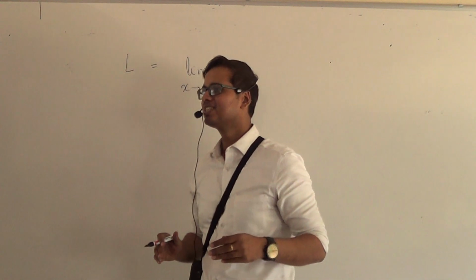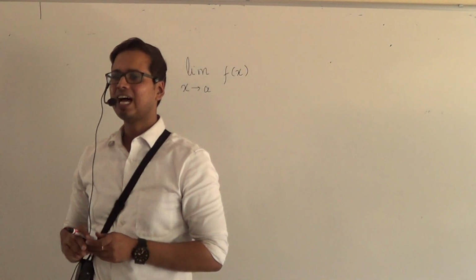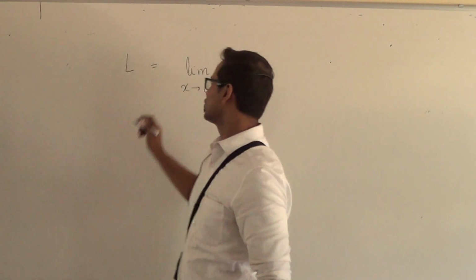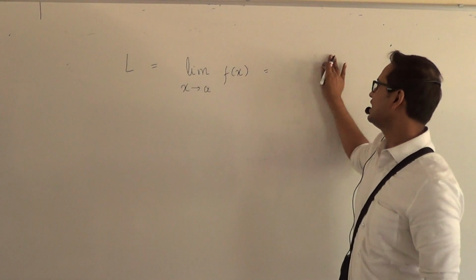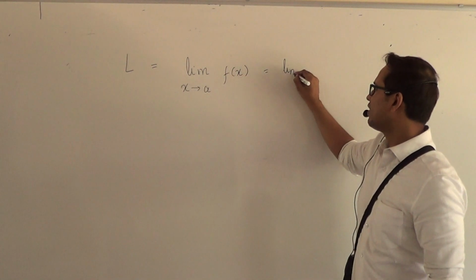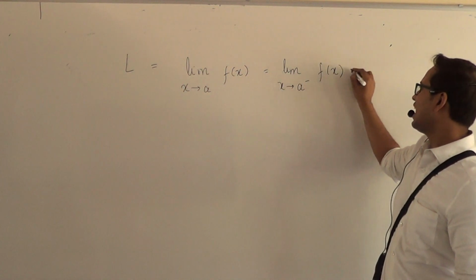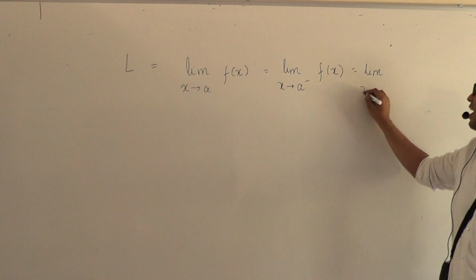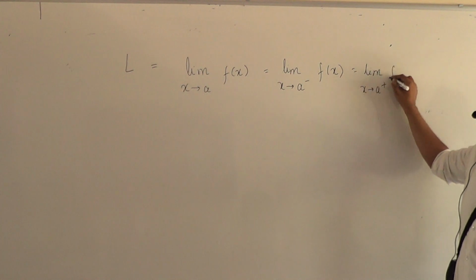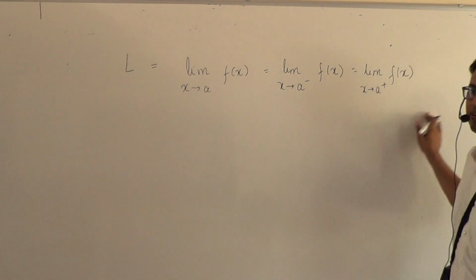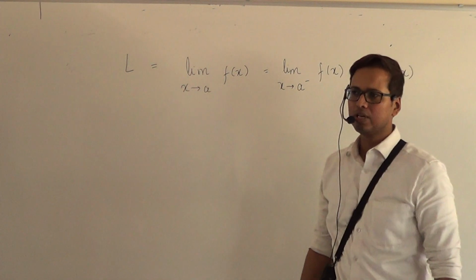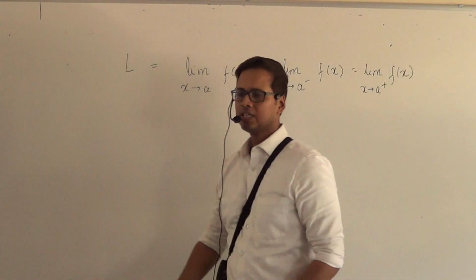What we learnt was the left hand limit and the right hand limit. Correct? So the limit of a function is the value that the function achieves from the left side of a, and it has to be equal to the value of the function from the right side of a. Both of them should be equal, and that value is called the limit.